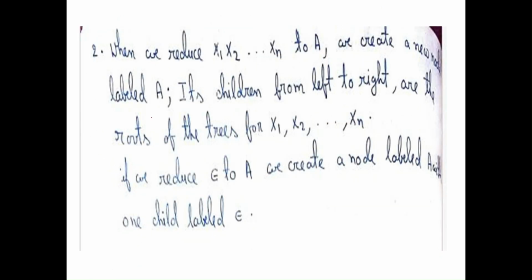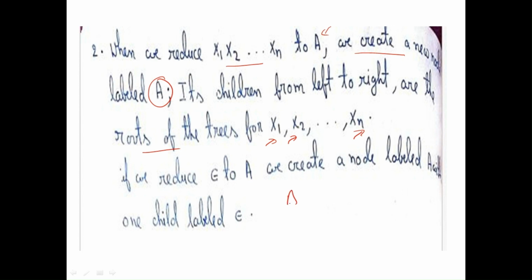Next, when we reduce X1 X2 till Xn to A, we create a new node labeled A and its children from left to right are the roots of the trees for X1 X2 till Xn.